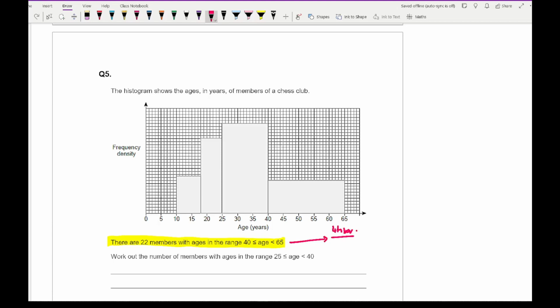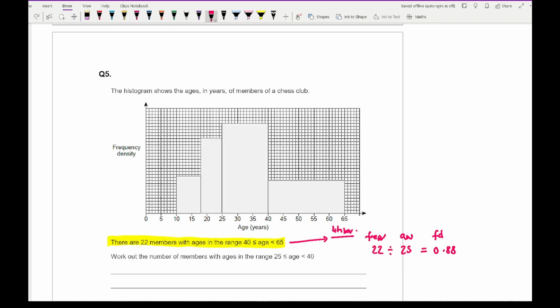We know that the frequency is 22. We know the class width, which is 25. So that means that the frequency density is going to be 22 divided by 25, which is 0.88.